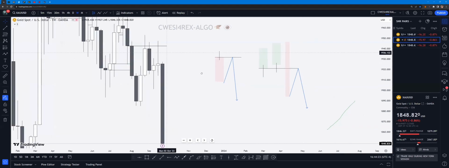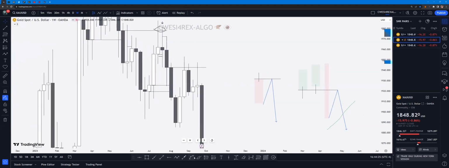So you can see over here, we have this gap level, which is the bullish candle, right? This one over here. And then what happened? Price broke through. Multiple times we had price going back again.